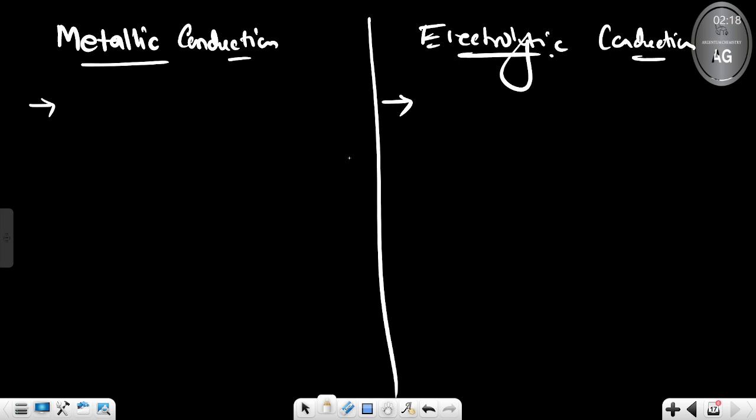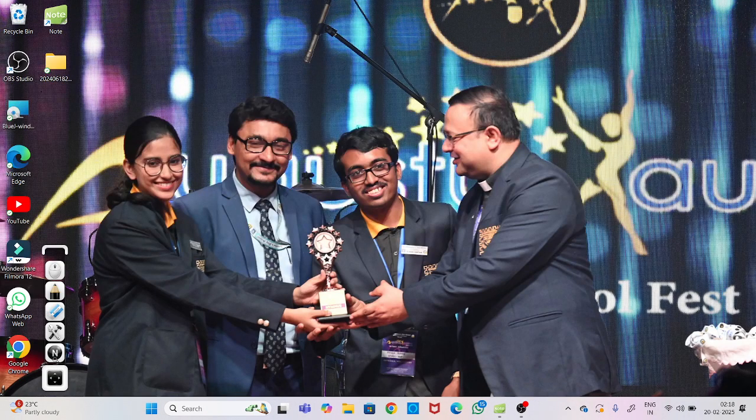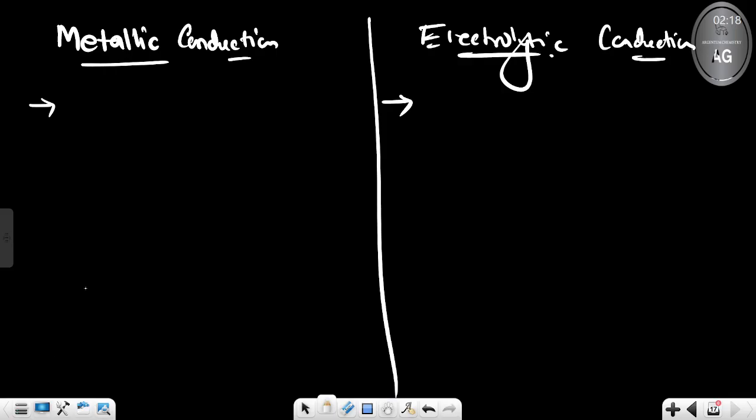So current is flowing, conduction is happening, but no chemical change is happening. So the first and foremost point of metallic conduction is that no chemical change is happening. Very, very important point.